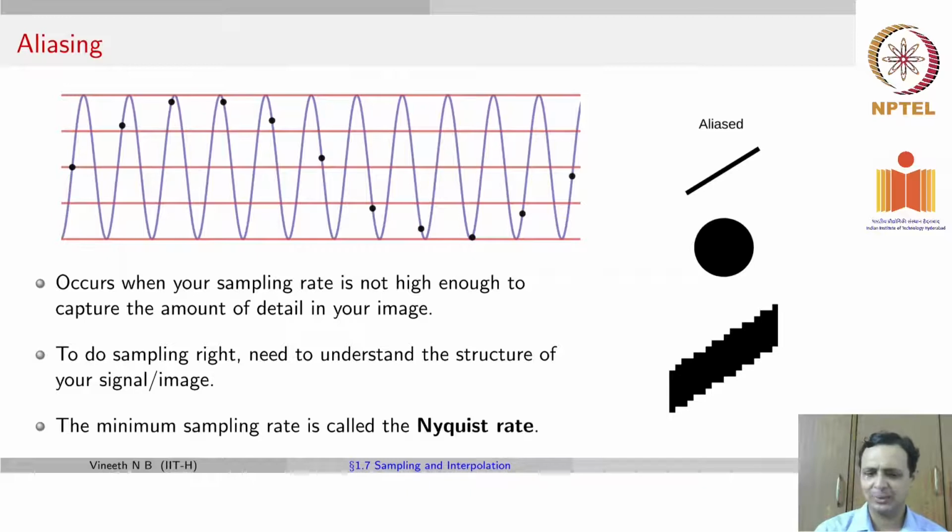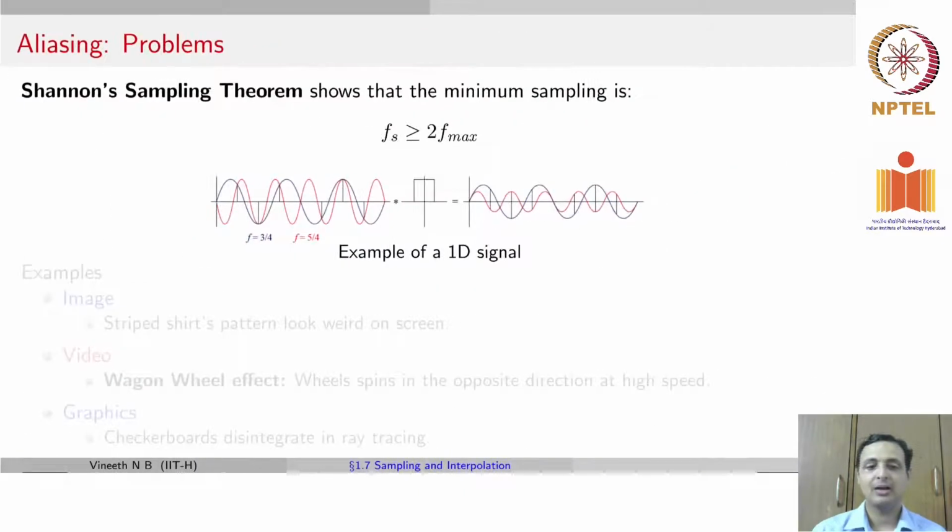So what does the Nyquist rate mean? Nyquist rate goes back to fundamentals from information theory and signal processing, where Shannon, whose sampling theorem is very popular, proposed that the minimum sampling rate or the Nyquist frequency is given by Fs, which has to be at least 2 Fmax.